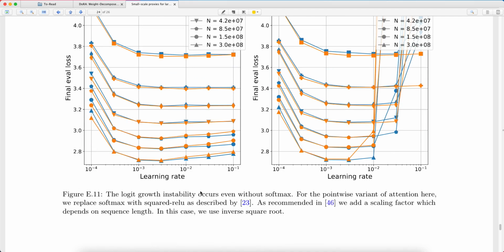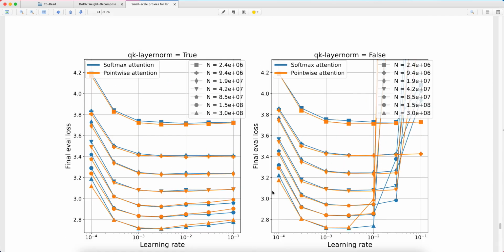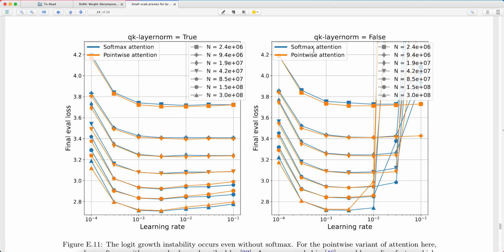For the point-wise variant of attention, we replace softmax with a squared value as described here. We add a scaling factor. So they try a different, I guess, non-linearity, and it doesn't change the effect.